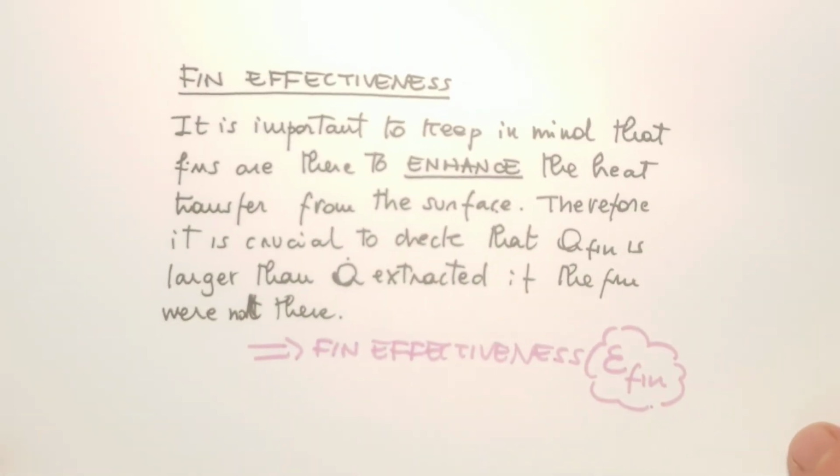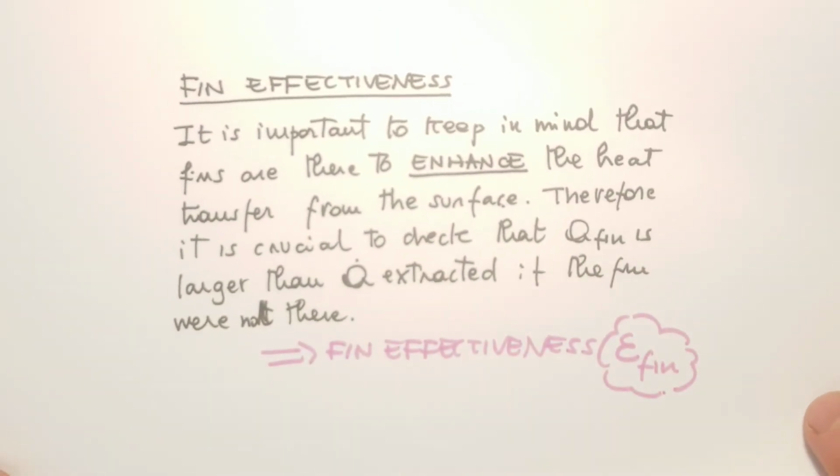There's another quantity that's very useful if you want to quantify the performance of a fin. That's called the fin effectiveness. So we have to keep in mind that we use fins because we want to extract more heat from the surface, more heat from the base. So we want to enhance the heat transfer from the surface.